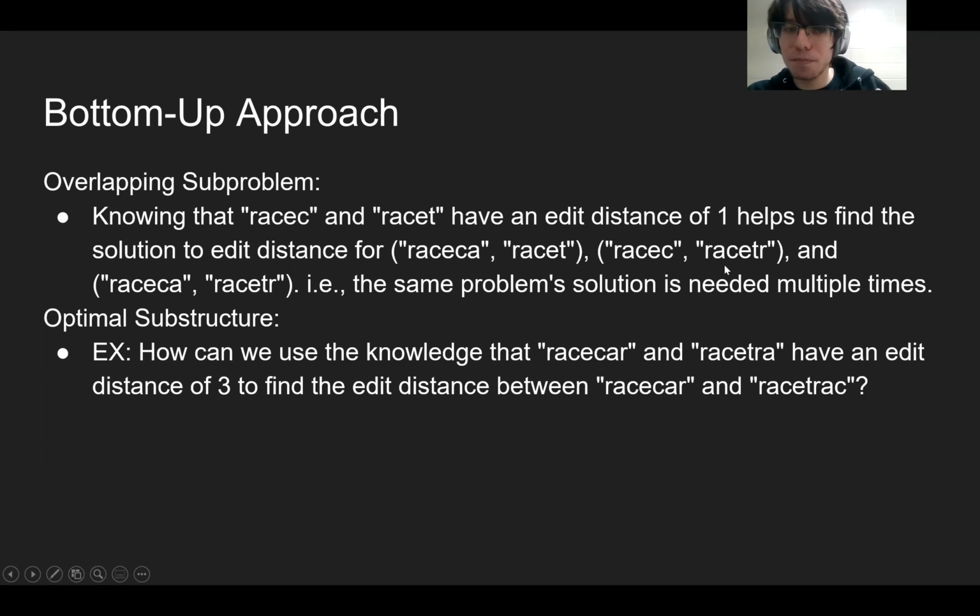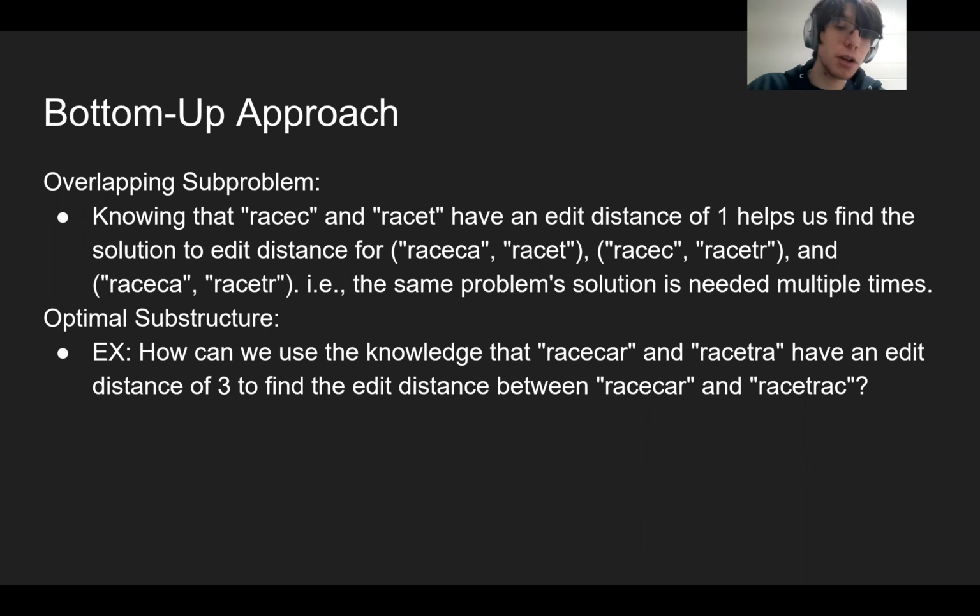We get to this multiple times, and we also get to this from here. So we're noticing an overlapping subproblem because we're solving the same problem more than once. So we notice the overlapping subproblems, which hints that DP may be necessary.